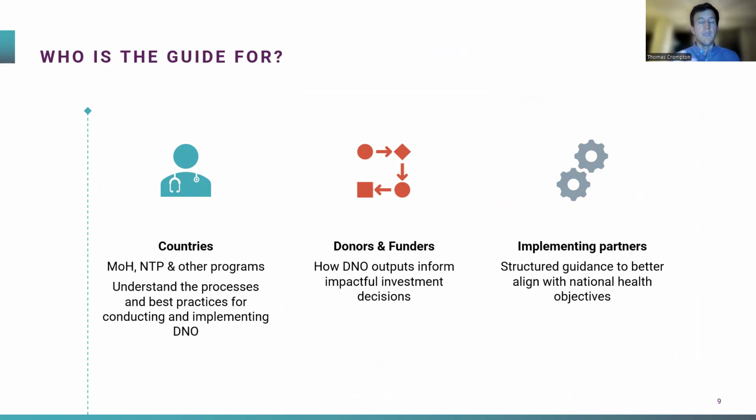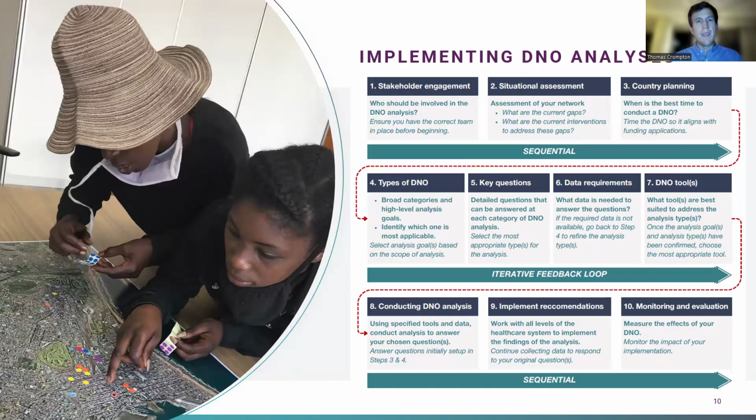And this can be across sectors, so it can be TB, but also other programs, HIV, HPV, whatever else it may be, as well as donors and funders, making sure that they understand how these outputs inform their investment decisions to make sure that in our world of constrained resources, we are getting the best bang for our buck, as well as the implementing partners, to make sure they can provide structured guidance to better align with the national health objectives.